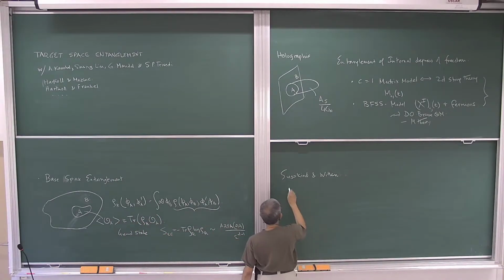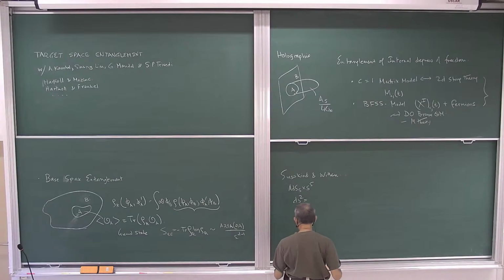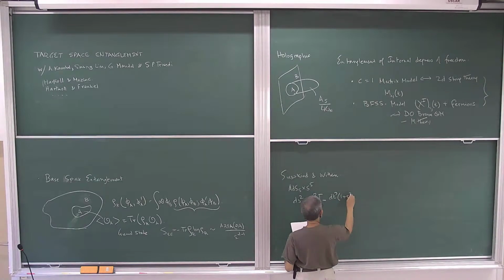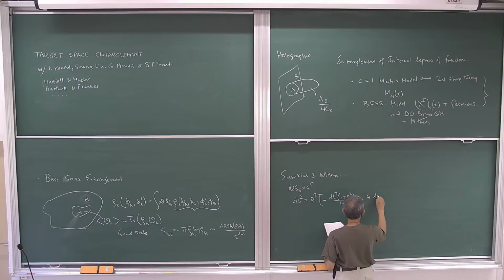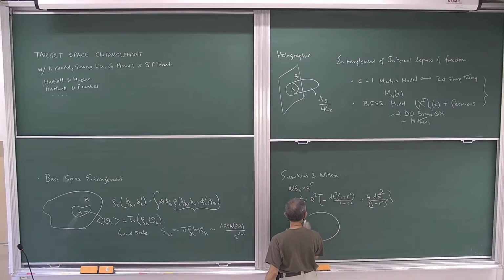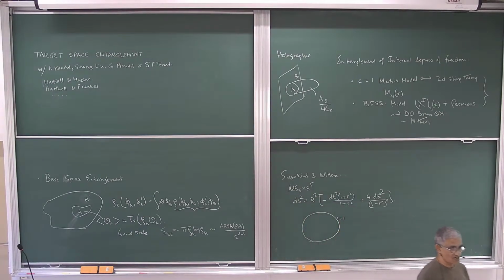So in their example, you take AdS5 cross S5, and you use some coordinates, I think they're called ball coordinates. So it is like a ball at a given time slice. R equal to 1 is the boundary, R equal to 0 is the center in this coordinate.